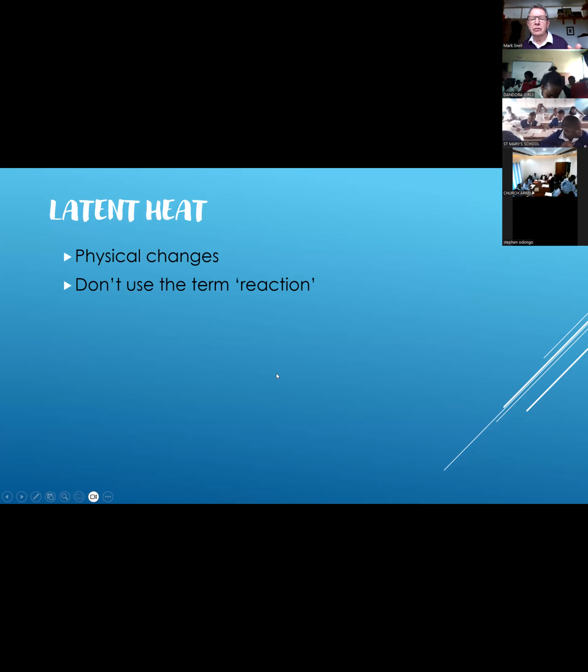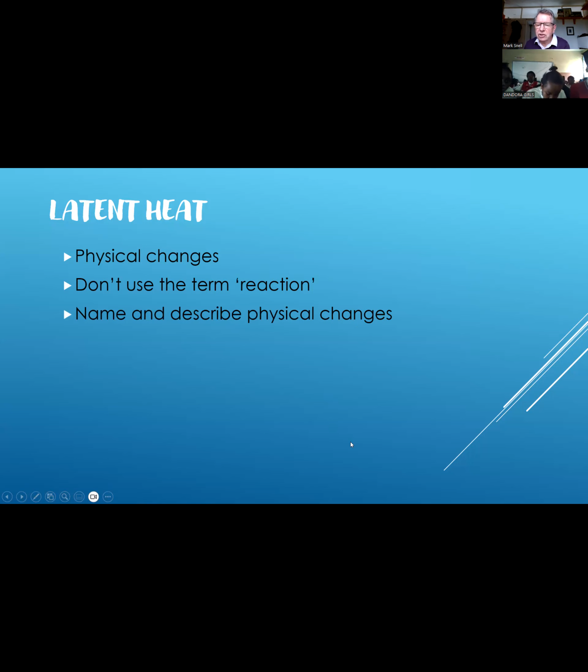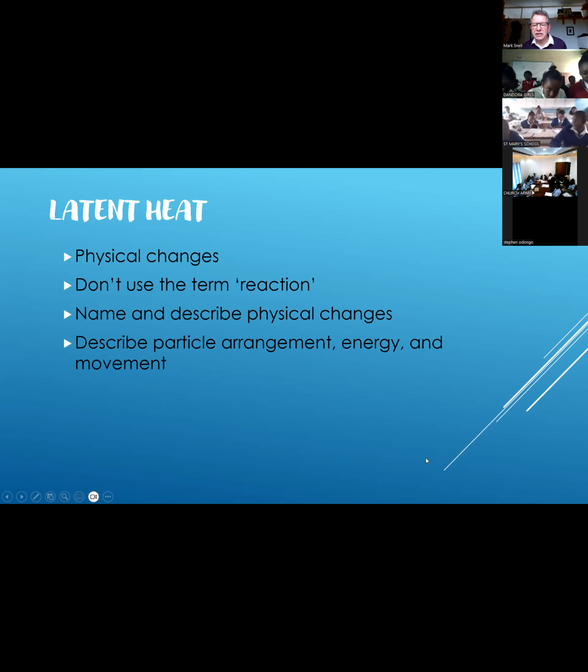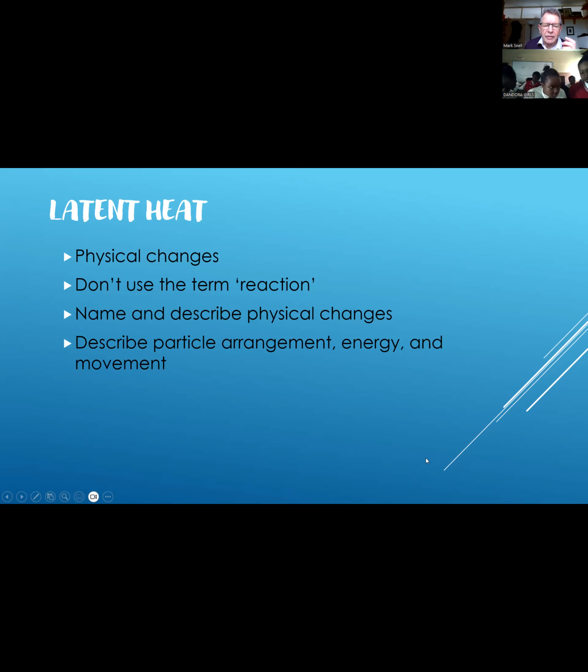So you must not use the word reaction. You have to be able to name and describe the physical changes, and say what happens to the particles when ice melts and so on, in terms of how they are arranged, their energy, and their movement.